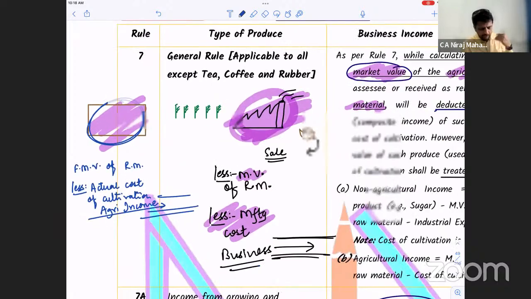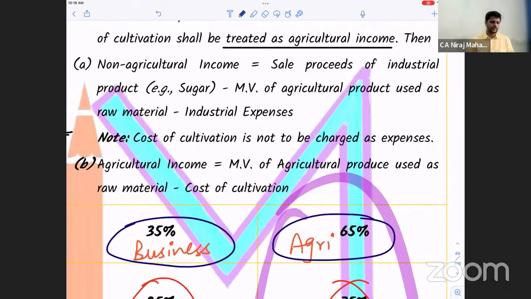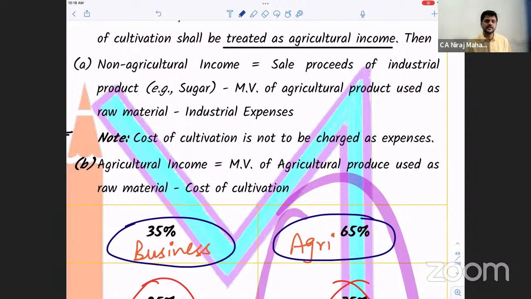For further clarification, I've given it in the notes also. Non-agri business means sale minus industrial cost, your manufacturing cost, minus your raw material. Right, everybody? Raw material at market value.